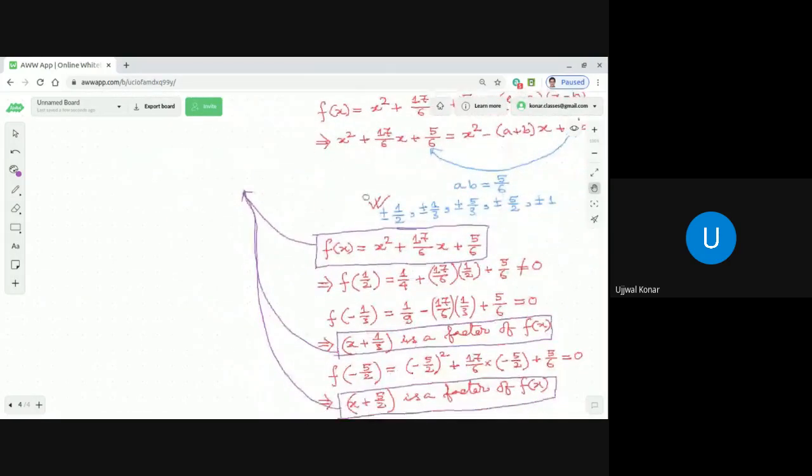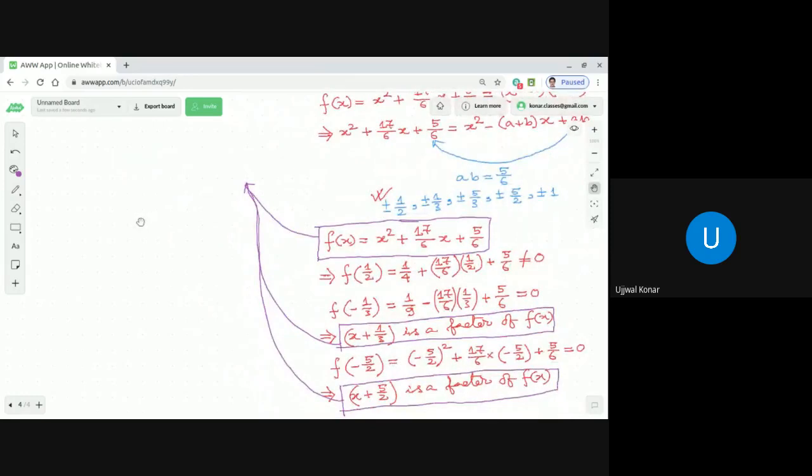So what we can write from here: f(x) equals (x + 1/3) into (x + 5/2). That is the value of f(x).